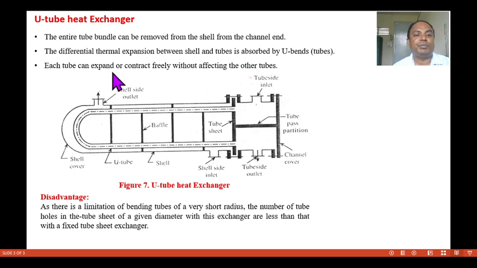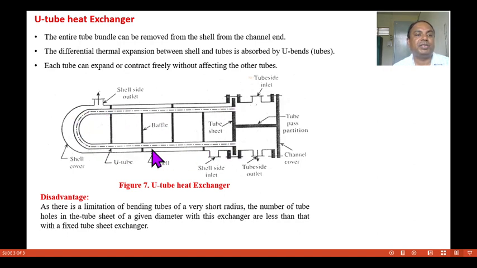Each U-tube can expand or contract without affecting the other tubes. One such U-tube is shown over here, but there may be many such U-tubes that make this U-tube heat exchanger. Therefore each U-tube expands or contracts freely and does not affect the other tubes.